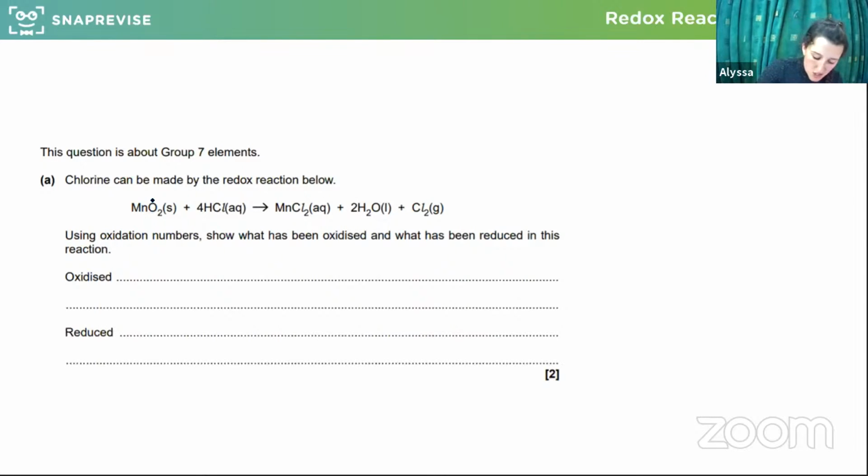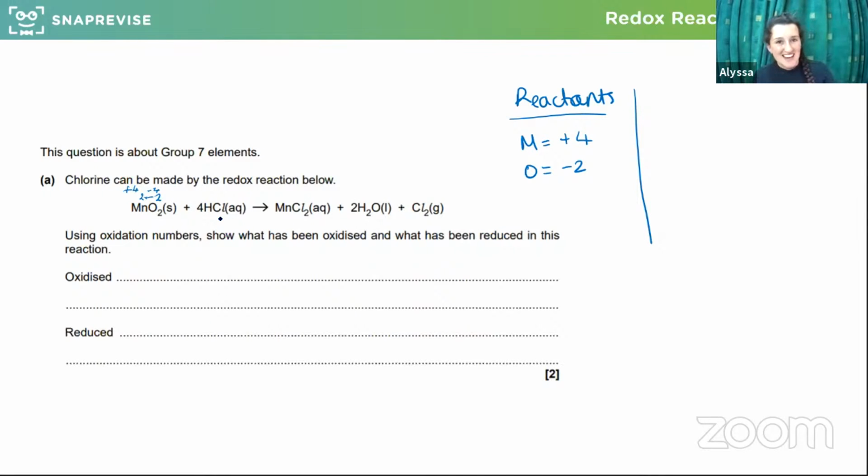The oxidation number of oxygen: it's in a manganese oxide, so it's not a peroxide, so it's going to be -2. And there's 2 of them, so the total negative charge here is -4. The overall charge has got to be 0, so the positive charge from the manganese has got to be +4. I'll write it up here as well, just in case you can't see my writing. So oxygen is -2, so manganese has got to be +4.